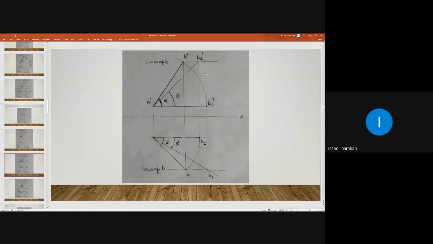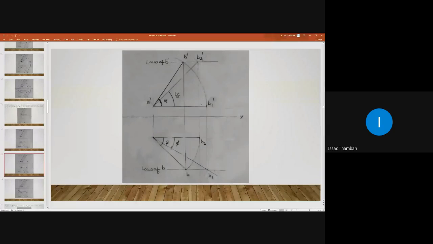That means A dash B2 dash will give the true length, and this inclination is our true inclination of line AB with respect to SP. That means this is our theta.